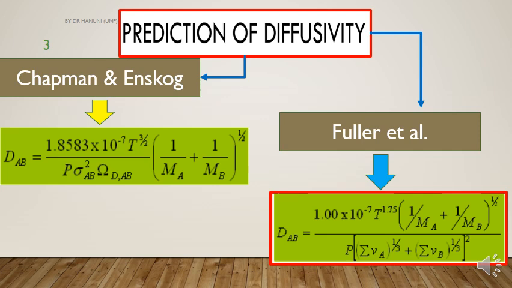For diploma level, we will use the Fuller method a lot rather than the Chapman and Enskog method. We have a lot of parameters here which we are not familiar with, and I will explain them in the next slide.